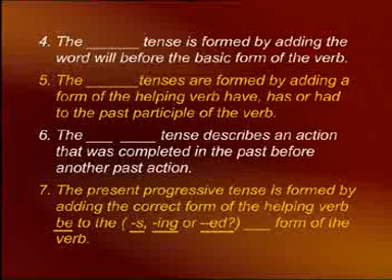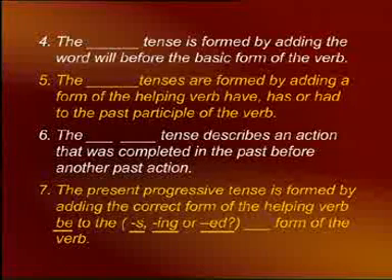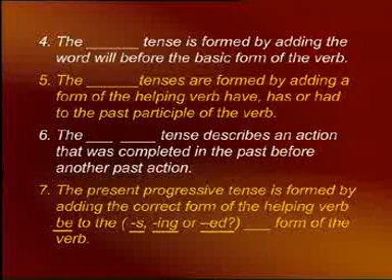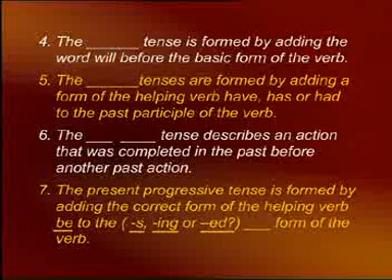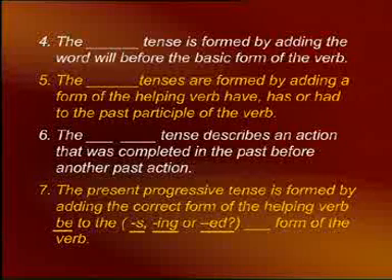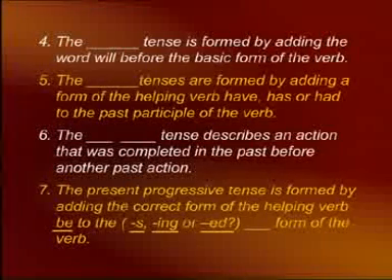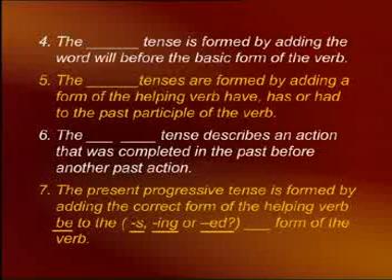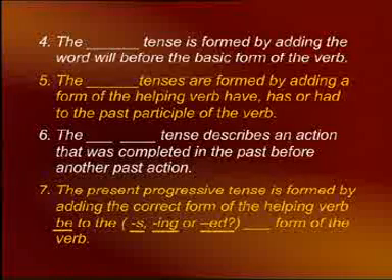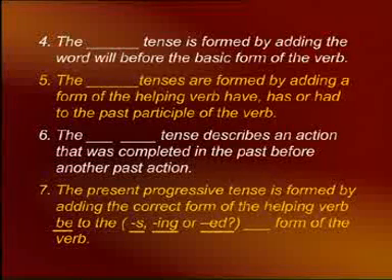And it is the future. Number 5, the tenses are formed by adding a form of the helping verb have, has, had to the past participle of the verb, and it is the perfect tense.